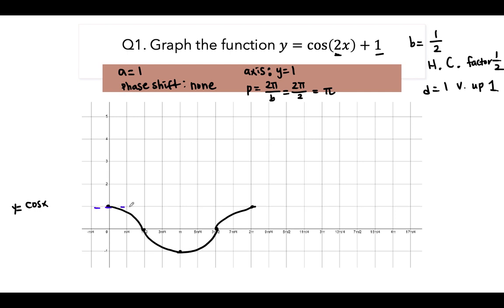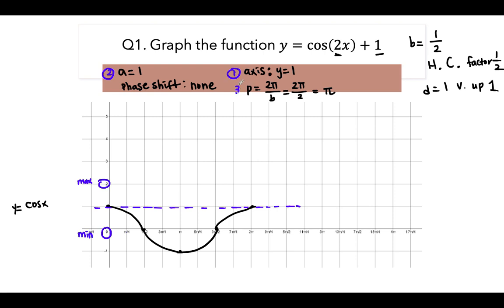At the axis of symmetry, I'm going to draw a dashed line, to show that this is going to be my middle ground. Then from the axis of symmetry, you're going to do the amplitude. It seems like the amplitude is 1, so my highest point is going to be at 2. This is my maximum. And my lowest point, going 1 step down from the axis of symmetry, is 0. This will be my minimum point.